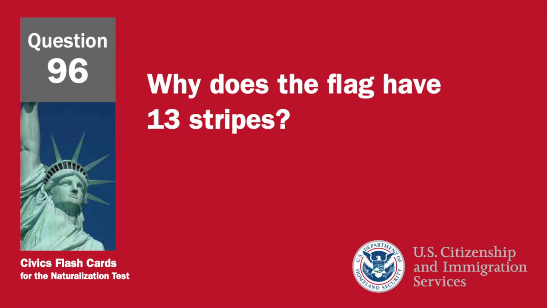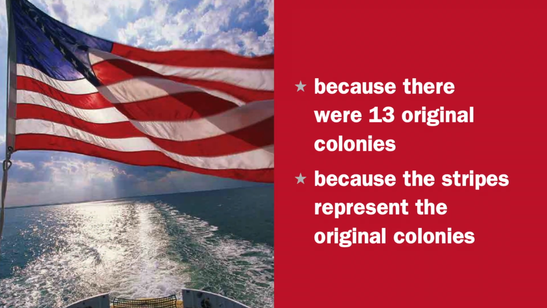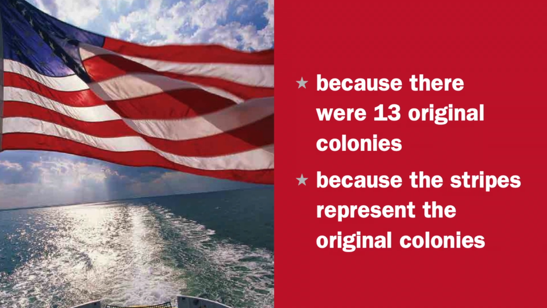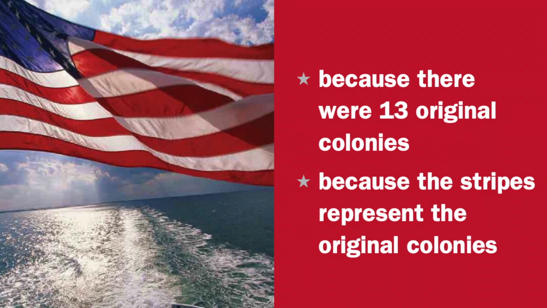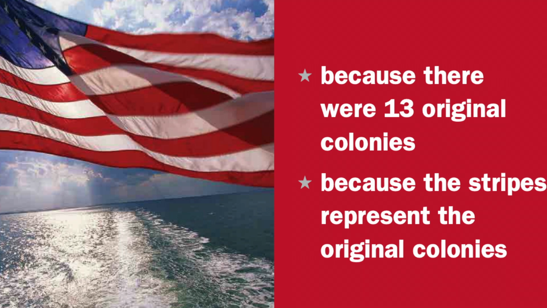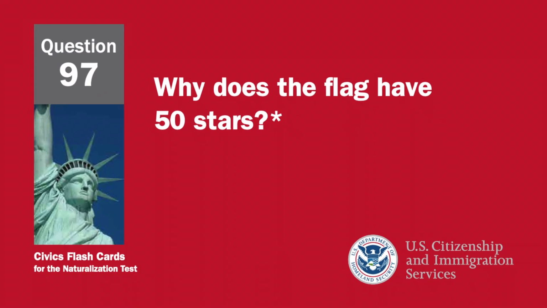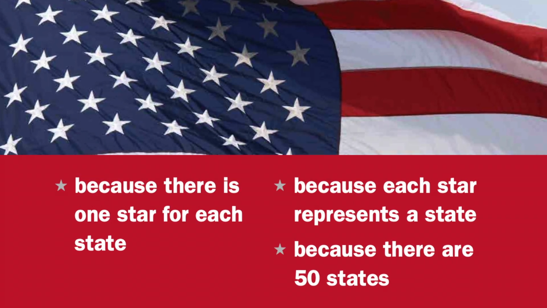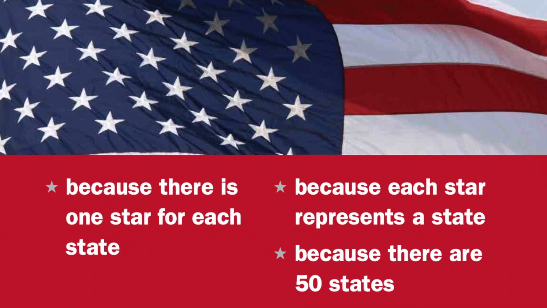Why does the flag have 13 stripes? Because there were 13 original colonies. Because the stripes represent the original colonies. Why does the flag have 50 stars? Because there is one star for each state. Because each star represents a state.